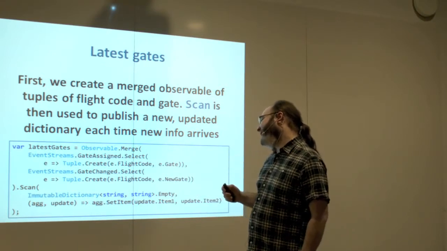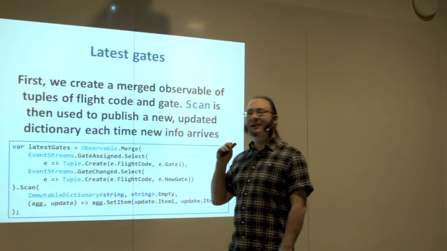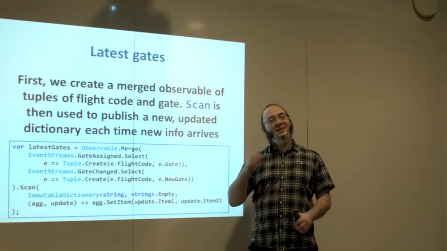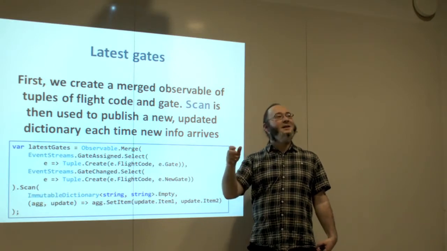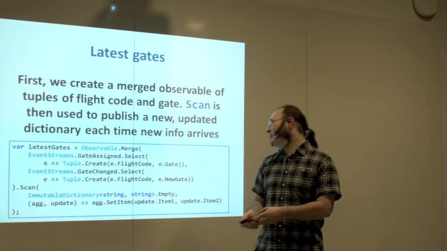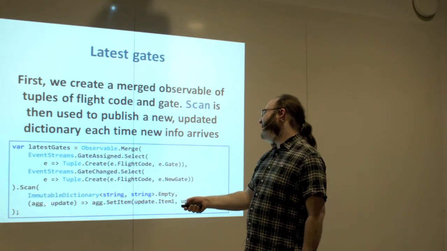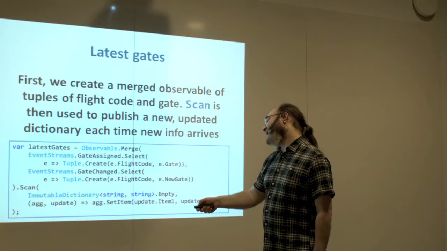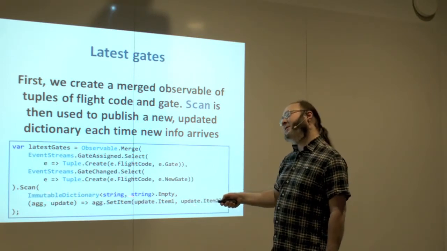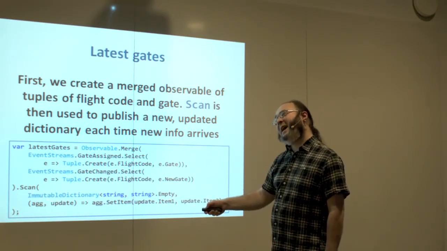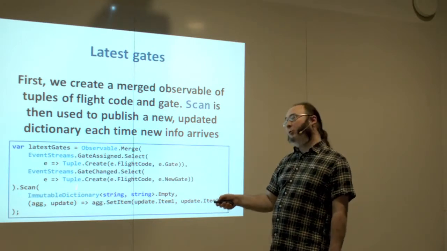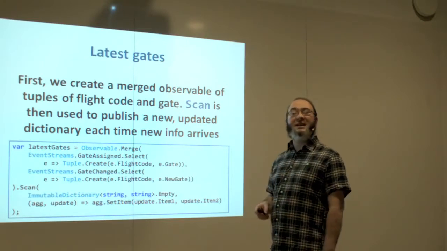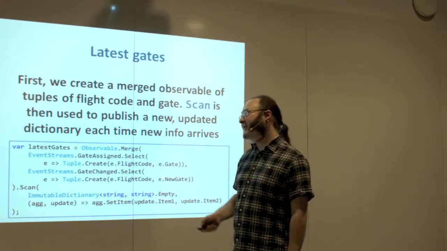And what scan does is it's a little bit like aggregate or reduce, as you might know it, but basically it produces every single value. So every time we get some kind of new event in here, we take the current dictionary. We start out with an empty one. We get the current dictionary in ag. In update, we get the tuple, one of these two. And all we do is set item, and we just update the entry in the dictionary, and it makes a new one.